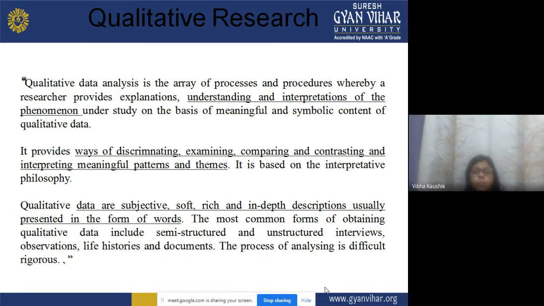The most common forms of obtaining qualitative data include semi-structured and unstructured interviews. In semi-structured interviews the sequence and the number of questions are fixed. In unstructured interviews we can add some questions or delete some questions according to the situations or conditions. Other forms are observations, life histories, and documents. The process of analyzing is difficult and rigorous.